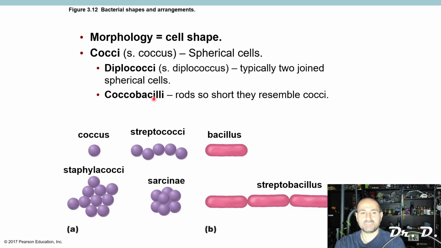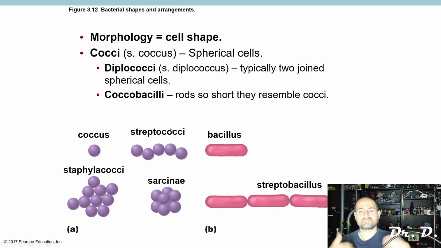Coccobacilli would mean bacillus that are short, almost like a combination of coccus and bacilli. If you have really short rods, that would be called coccobacilli. If you have two bacillus, that would be diplobacilli.